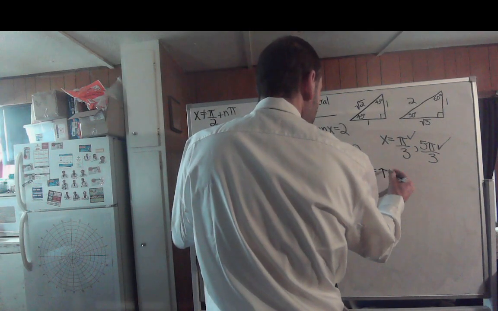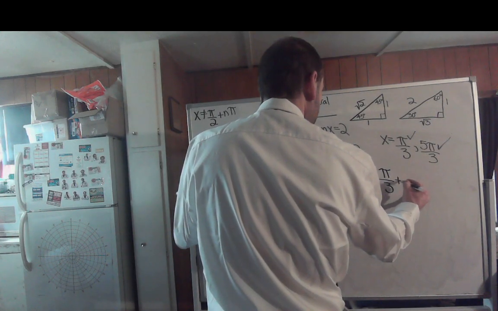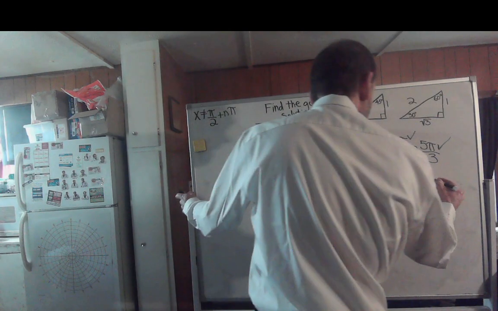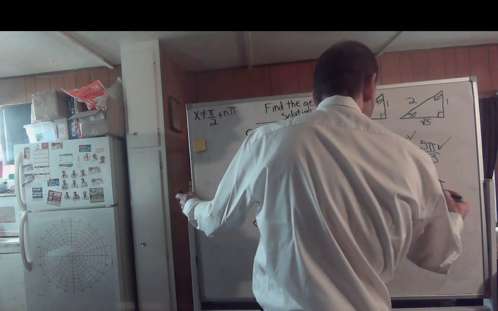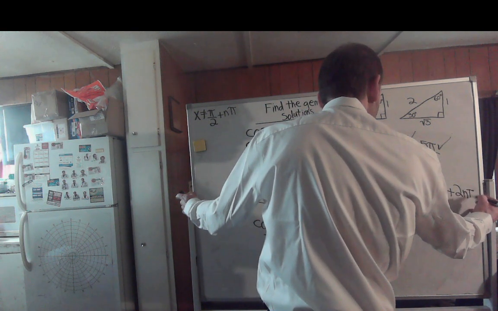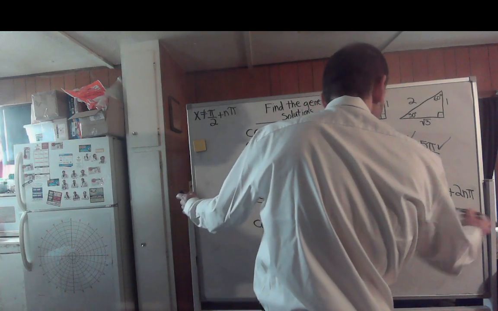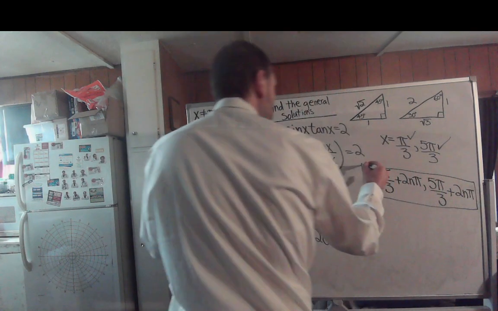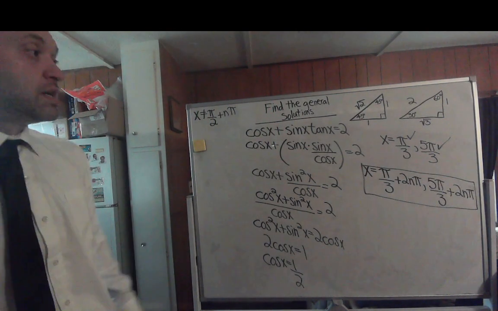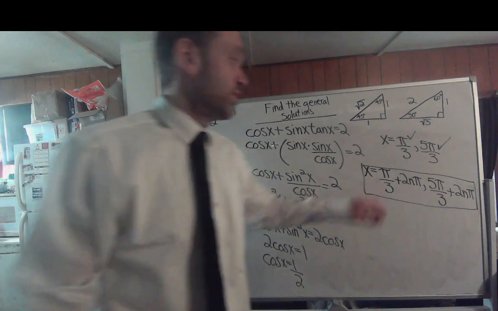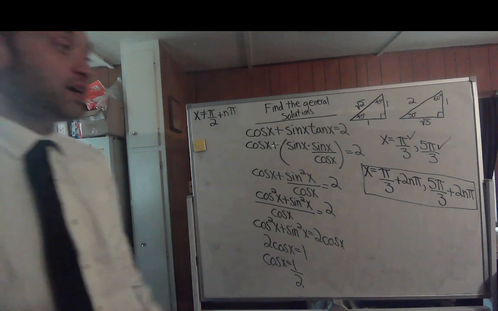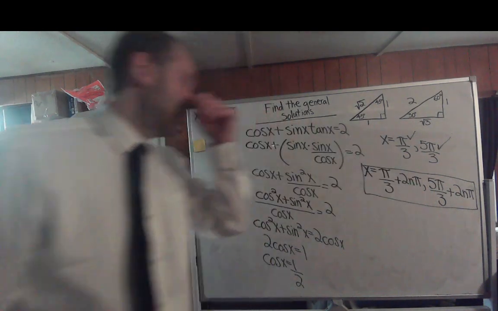So you would say that x equals pi over 3 plus 2n pi, and then 5 pi over 3 plus 2n pi. So therein lies your general solutions. X would equal pi over 3 plus 2n pi and 5 pi over 3 plus 2n pi.